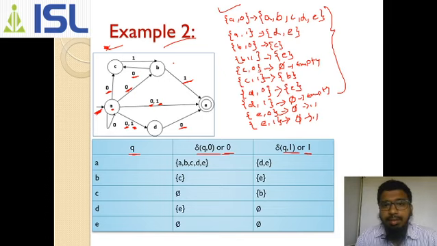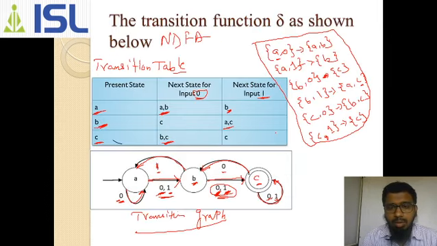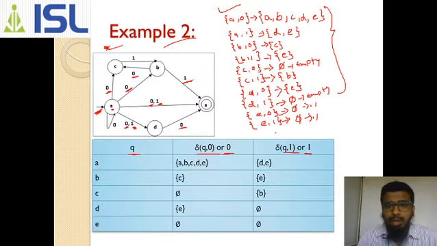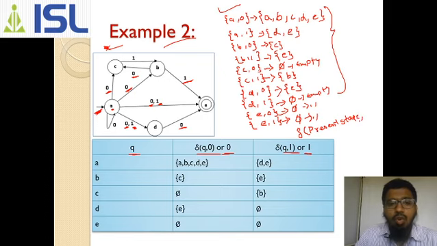So this is a thing. So what is a formula? Like what I am doing here, A comma B. Here I will write the formula: delta, present state comma input symbol.